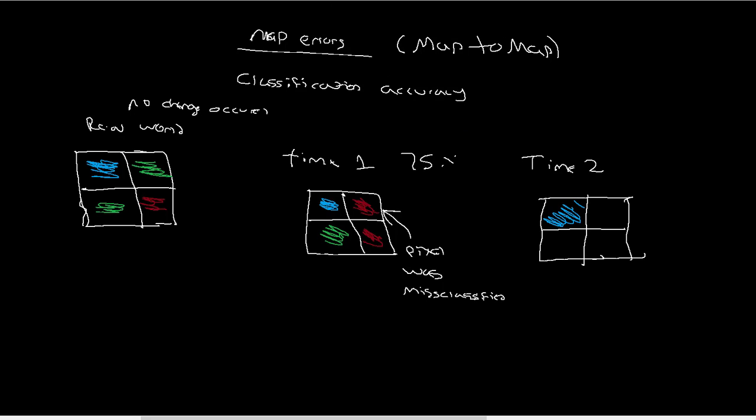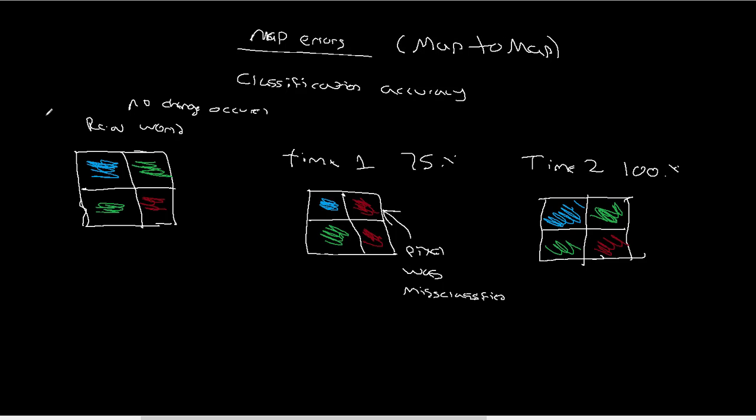It classified everything correctly. So this is 100%. Now, granted, this is an unrealistic expectation. You're never going to have 100% accuracy. But for the sake of our example here, let's say that this was perfect.